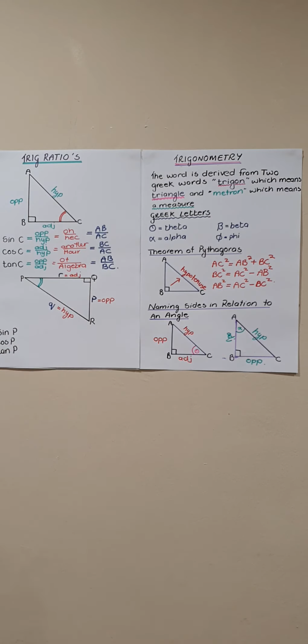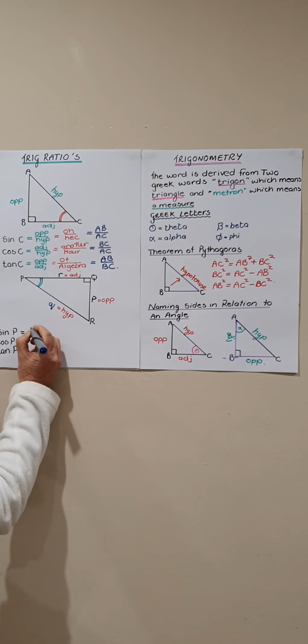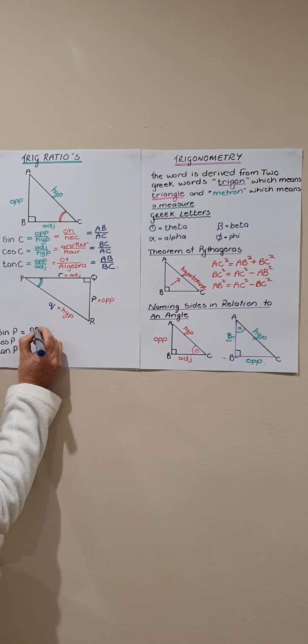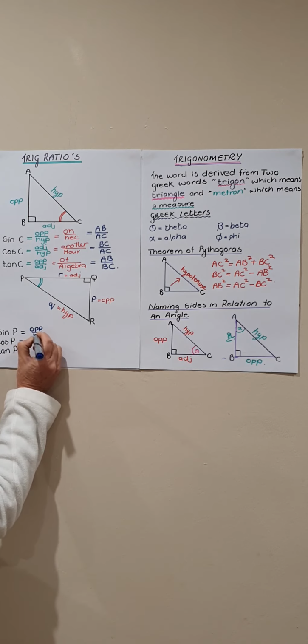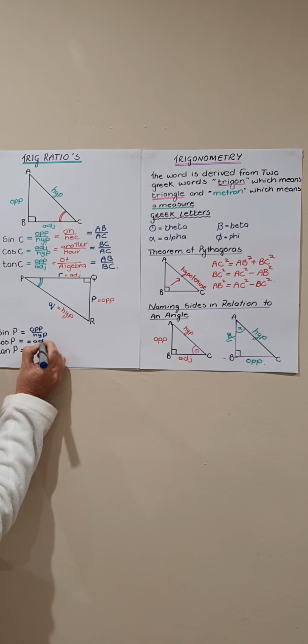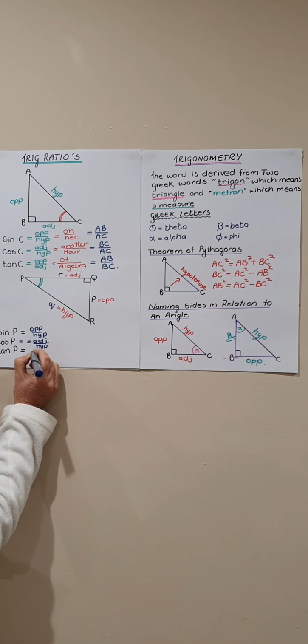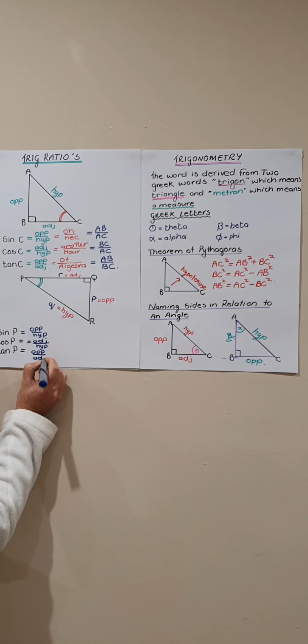So if I look at sine P, remember what is sine? Sine is opposite over hypotenuse. Cos is adjacent over hypotenuse. And tan is opposite over adjacent.